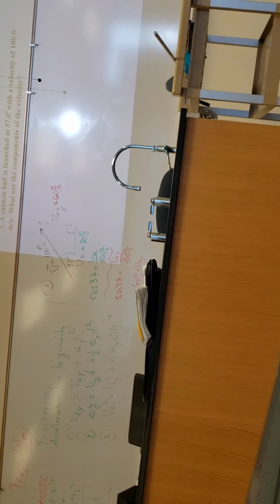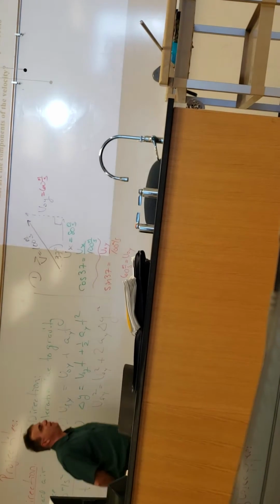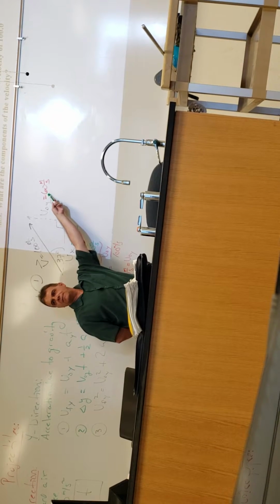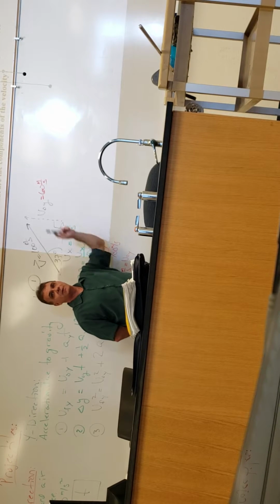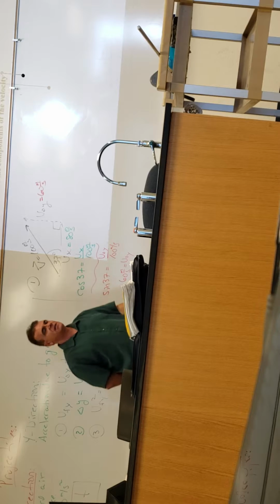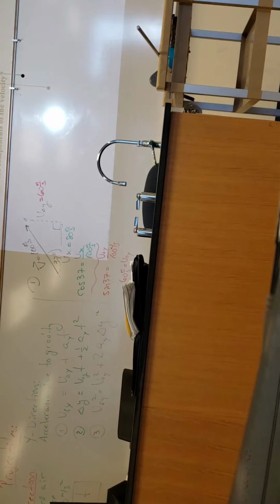Yeah, 12 should be jumping into your head, because gravity is going to change that number by 10 every single second. It's going to take 6 seconds to get to the peak, where it's not going up or down, but it's still going sideways. So 6 seconds to the peak, then 6 seconds to hit the ground, so it's in the air for 12 seconds. Maybe that's part B, I don't know, let's take a look. No, it's not.